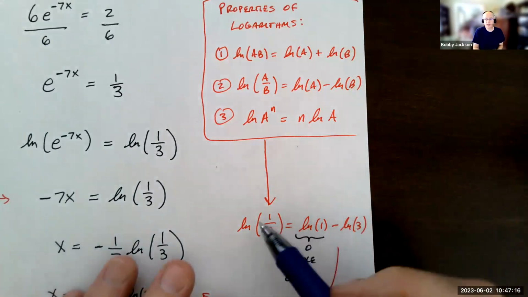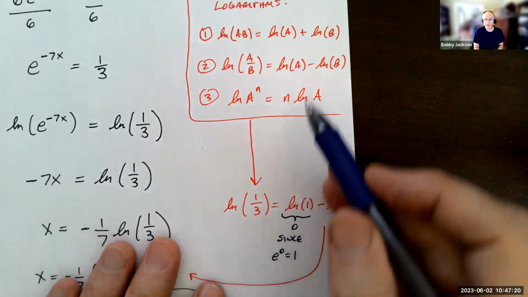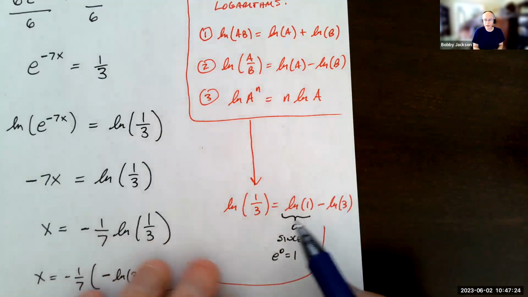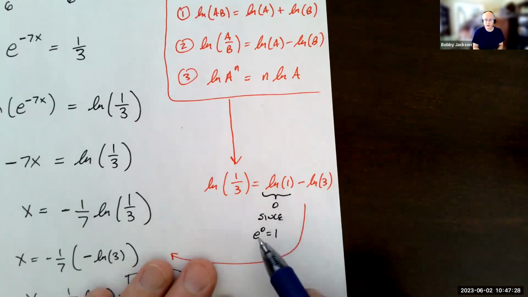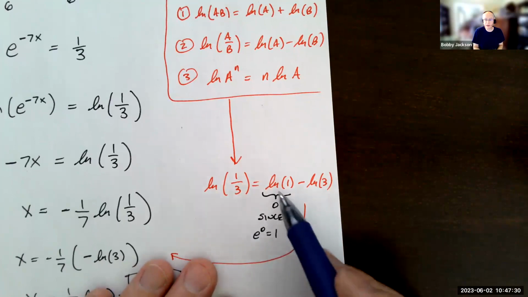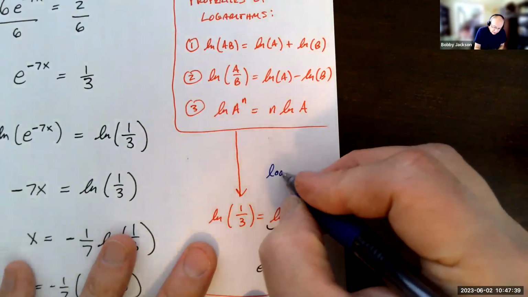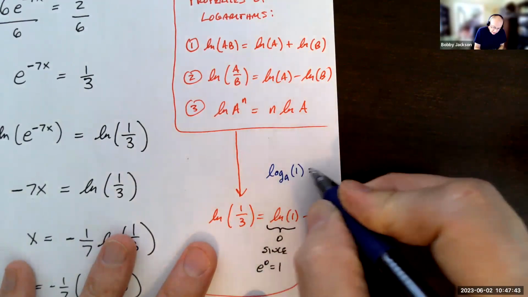With that, notice I can use the second property here to write the natural log of 1/3 as the natural log of 1 minus the natural log of 3. And the natural log of 1, now that's nice because natural log of 1 is 0, since why? e to the 0 is 1, right? And what's the exponent on e needed to get 1? The answer is 0. And so, back to log base a, if I take any base, base e, base 2, base 10, whatever, that's always 0, right?